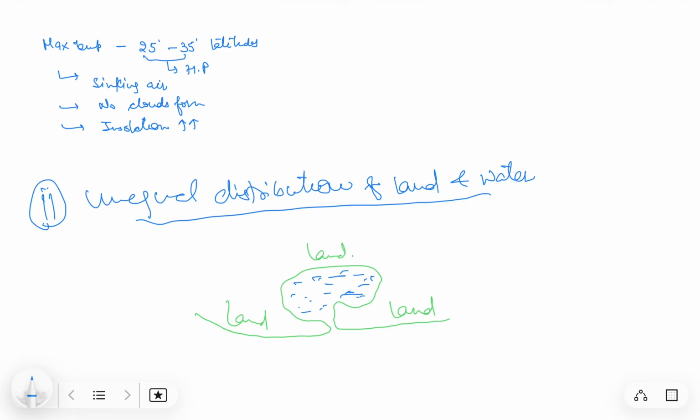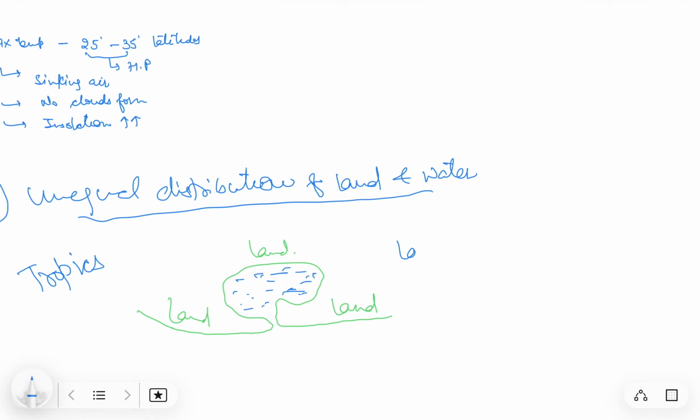It can be a lake, it can be anything. In case of the tropics, the temperature of the land will be high as compared to the sea.